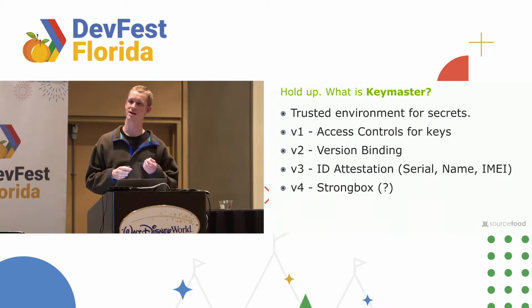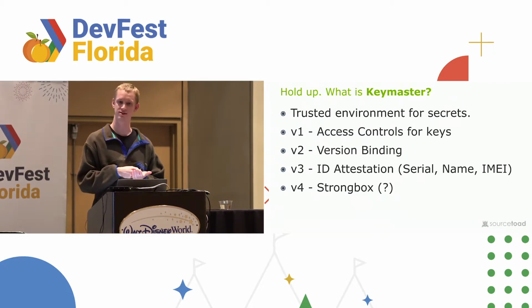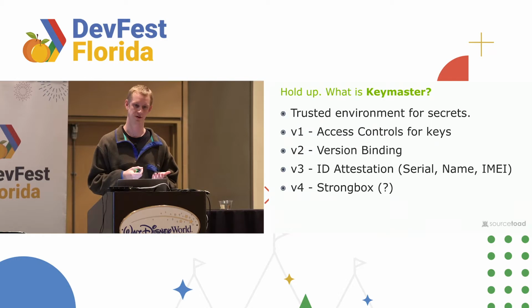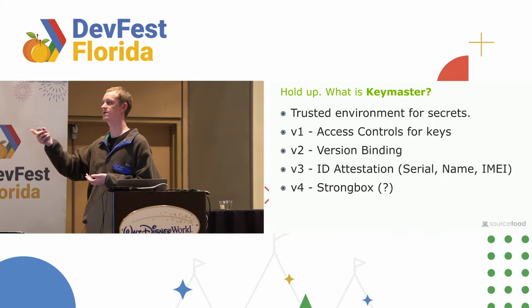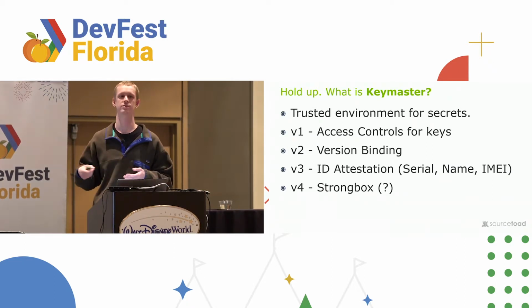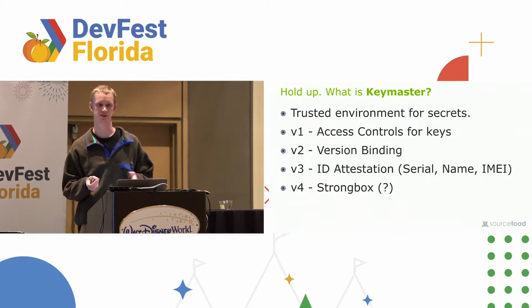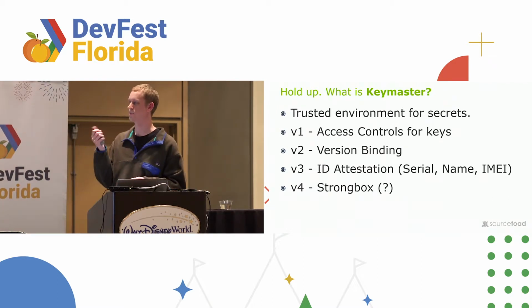That basically meant if you made a secret on Android 4.4 and someone attacked your device and extracted that key and tried to run it on an Android 4.3 device where they knew a vulnerability, they couldn't, because the key was directly bound to the version. You can take that same thinking with the ID version, because it also applies to the serial number of your device and your IMEI. That just means you can't take someone's updated Android device, extract the secrets, put them on your device, and try to decrypt them, because you won't match.